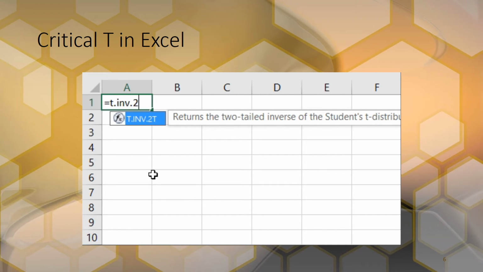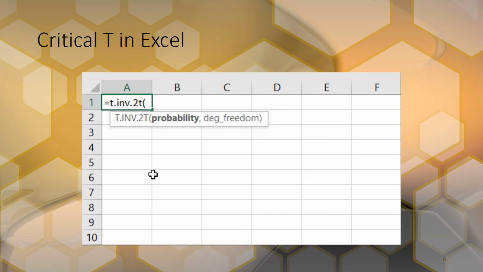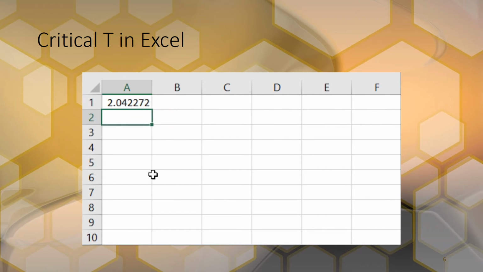You want to do a two tail because we have two tails. We put half of the alpha level on one side and half on the other side. So it's two-tailed, and then you're going to put parentheses, and then the probability is your alpha level. So we're going to put 0.05, and then your degrees of freedom. And in this example, we did 30, and then close your parentheses and press enter. And there you go. You get the critical t, and that was what we got from the table.